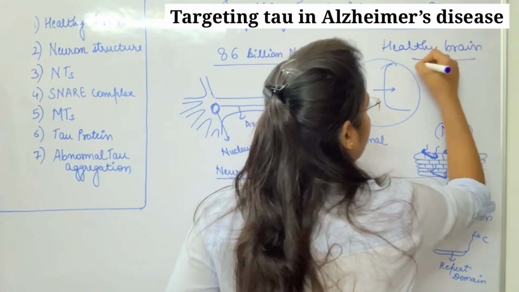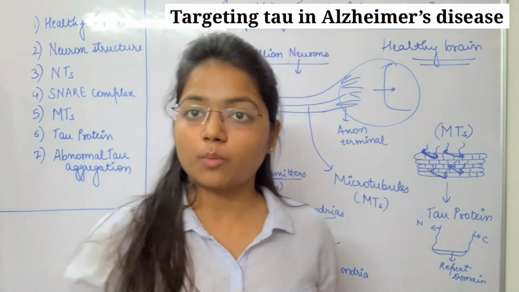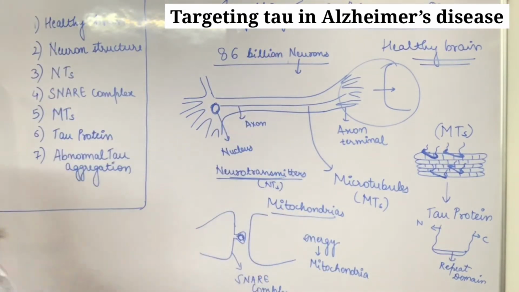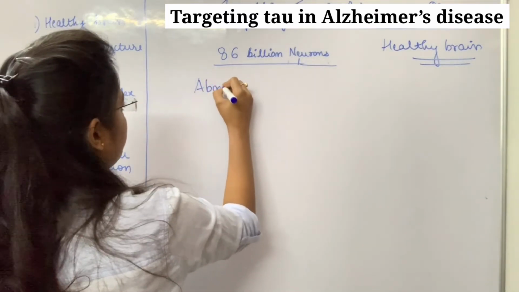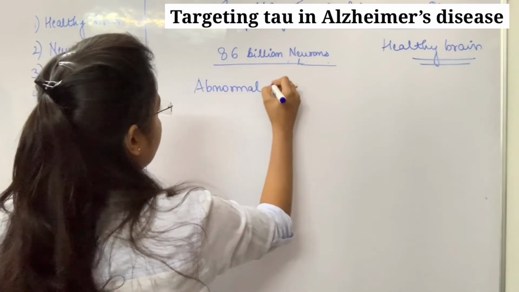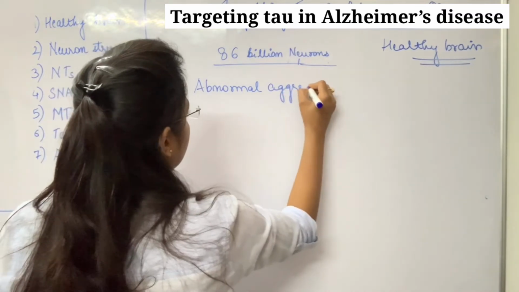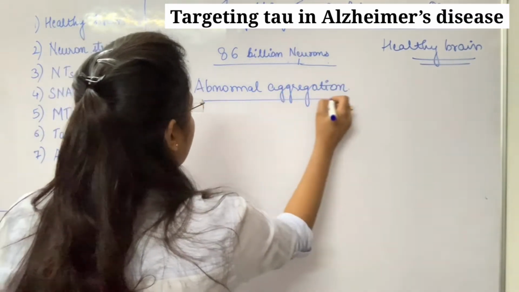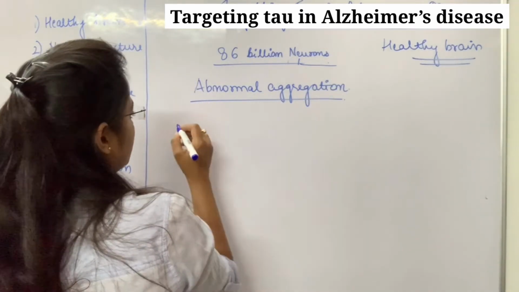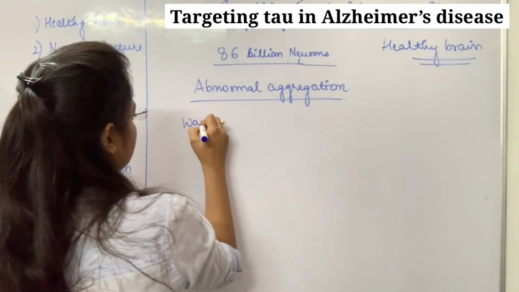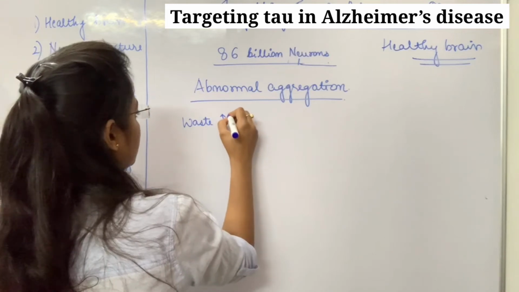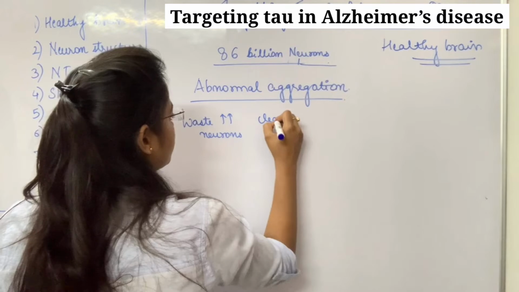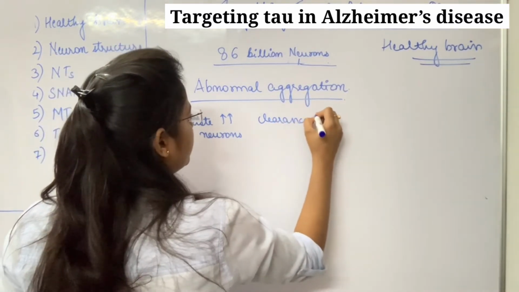Now we'll be discussing what happens in the case of an abnormal, or we can say diseased, brain. Abnormal aggregation. Due to aging, waste increases in neurons and clearance of the waste decreases.